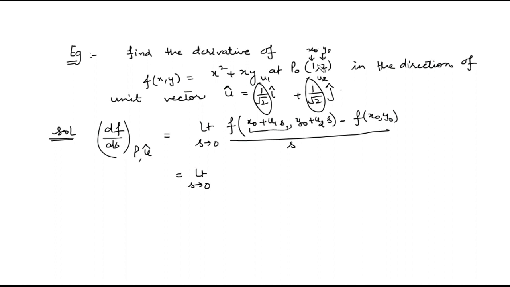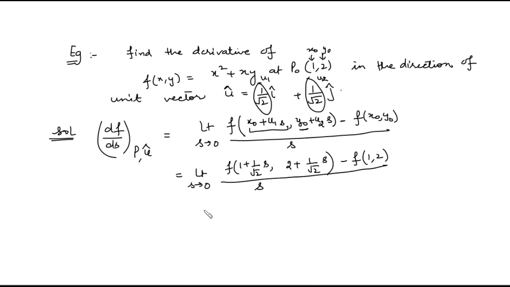Here x naught is 1, u1 is 1 by square root of 2, y naught is 2, u2 is 1 by square root of 2. Now substitute x to be this, y to be this in the main function and find its value at this point, substitute over here, simplify this, you will get the answer.